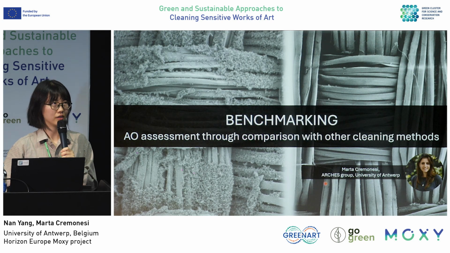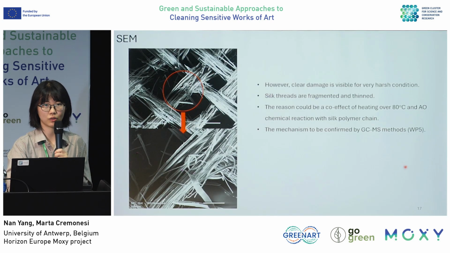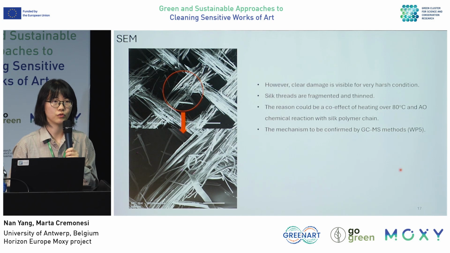About the characterization of these volatiles, here I would like to add: VP5 could detect what are the volatile compounds after the AO cleaning, they could try to find a way to absorb all these volatiles and then transfer to GCMS. And then they could analyze what's happening there.